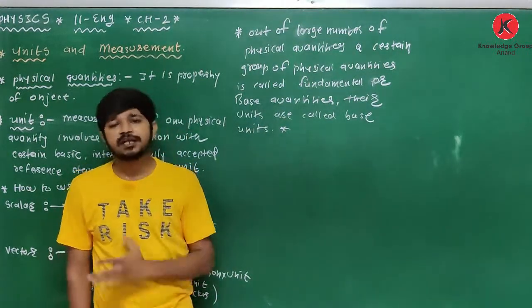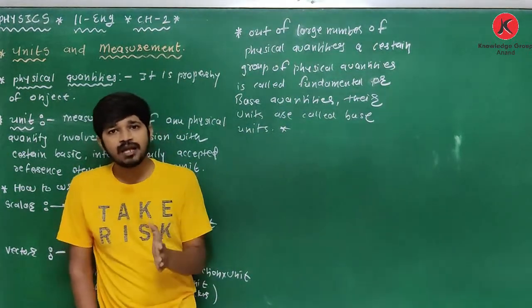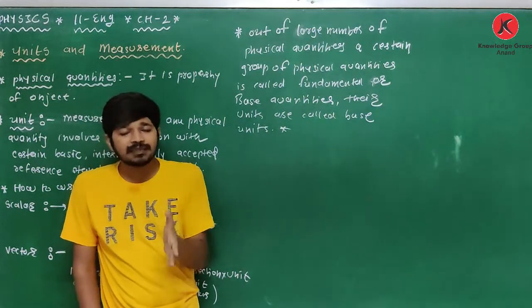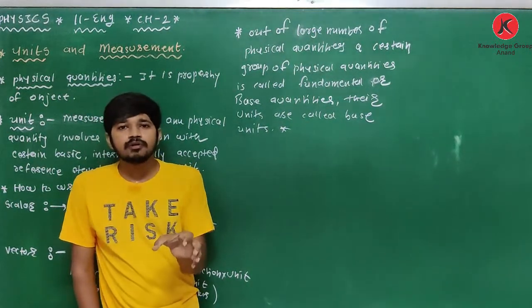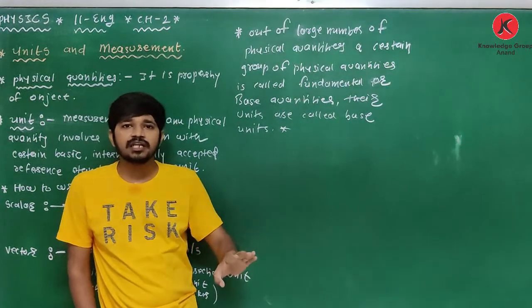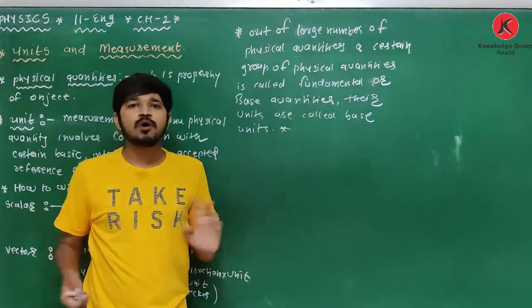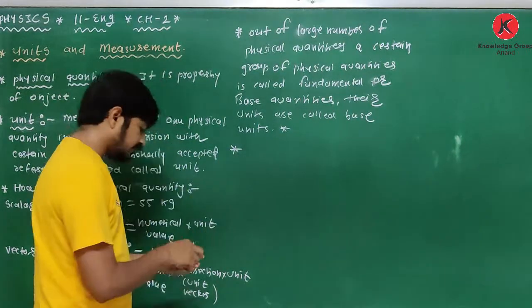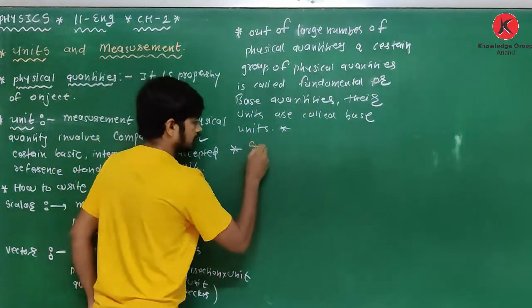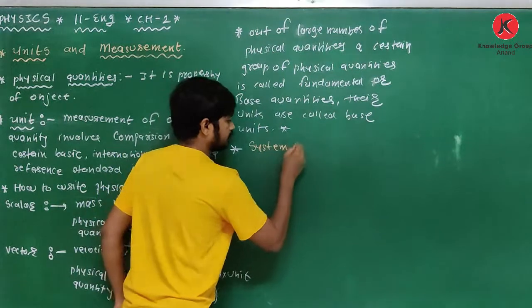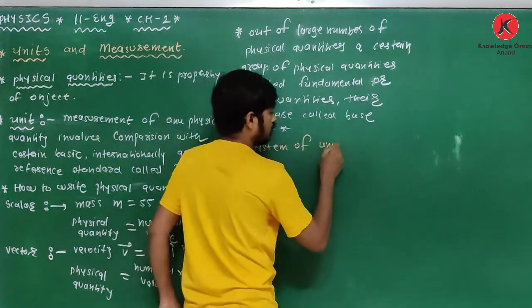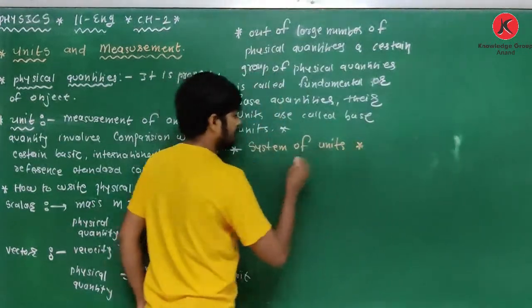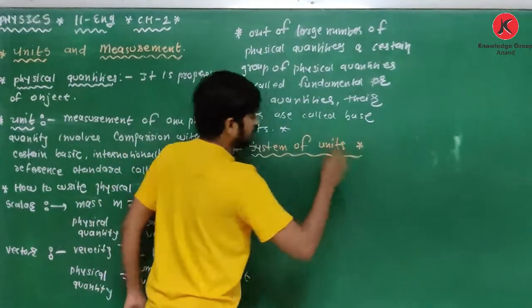Now, time to time, they have accepted some group of quantities as fundamental quantities, and they form one system of units. So, different systems of units have been accepted till now.